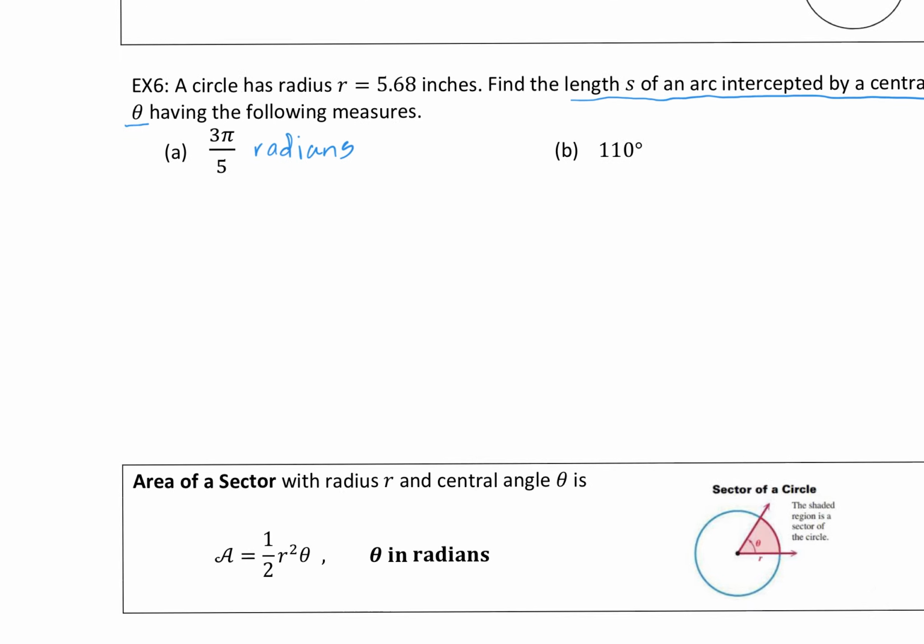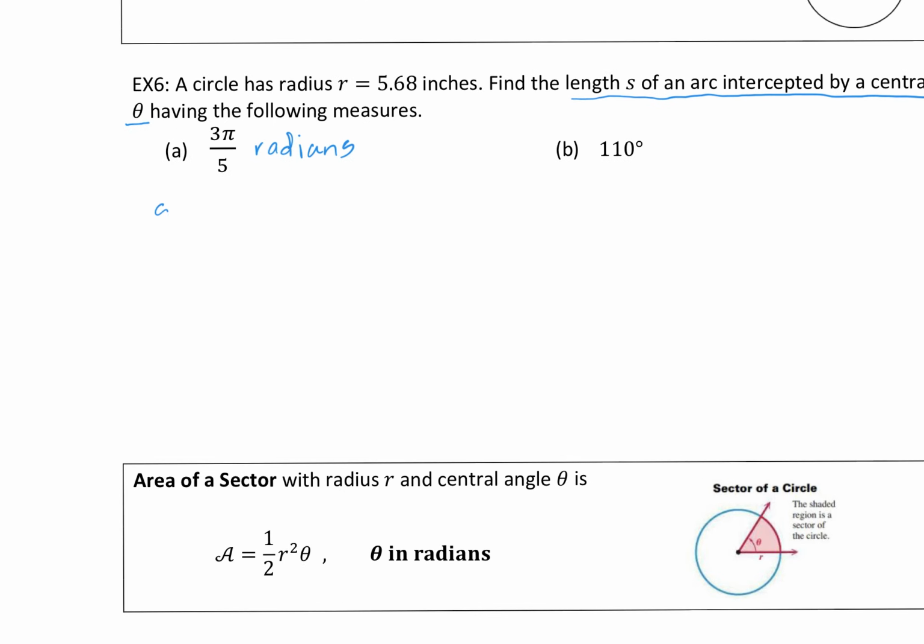I can go straight to my arc length. My arc length S is equal to the radius, which in this case is 5.68 inches, and I'm going to multiply that by theta, which is 3 pi over 5. Now remember, this is a measurement. It's a length. So the units are going to be inches because the radius is in inches.